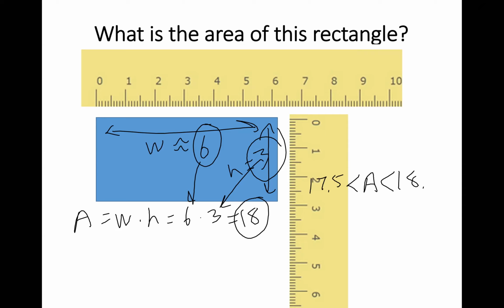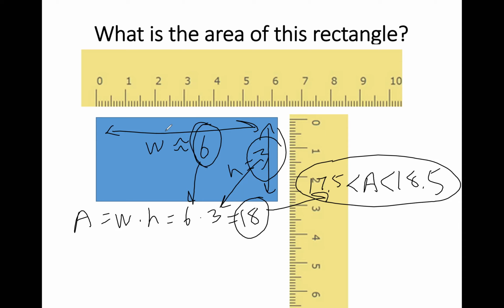I've got some windows on my screen that you guys can't see, and those windows are getting in the way and messing me up. Okay. So if you report the answer is 18, this is what that means. But do we in fact know the area that accurately? No, not on your life. We do not.